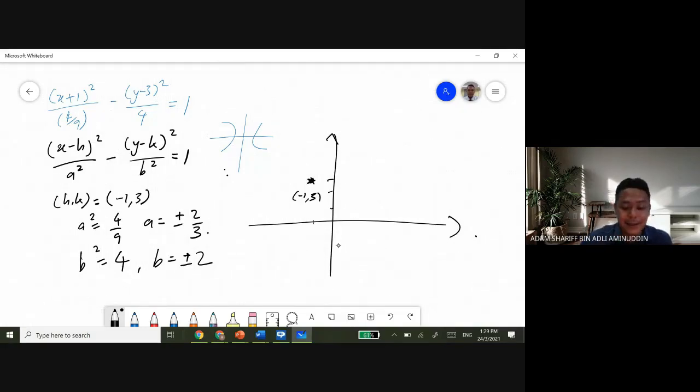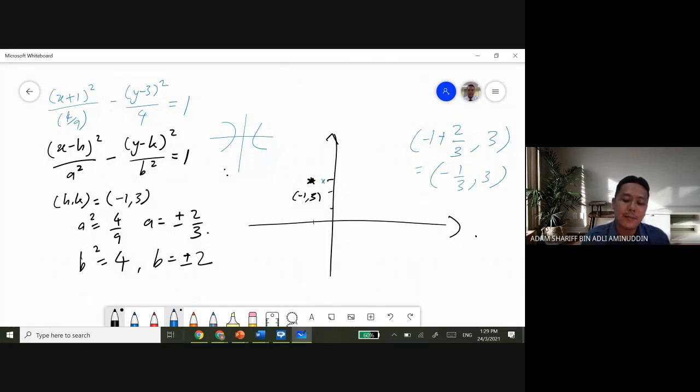For the vertex, so vertices dia, it will be on the right one, negative 1 plus 2 over 3. Y dia sama 3. So negative 1 plus 2 over 3 will be negative 1 over 3, 3. Dia di antara sinilah.